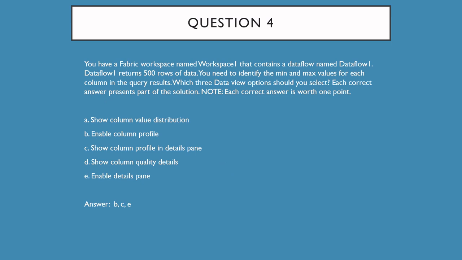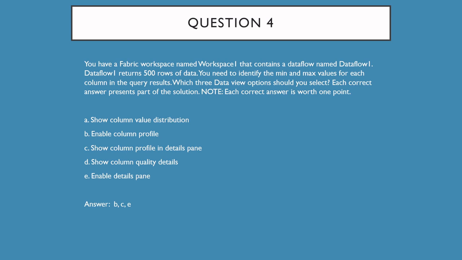Question 4. You have a Fabric workspace named Workspace 1 that contains a dataflow named Dataflow 1. Dataflow 1 returns 500 rows of data. You need to identify the min and max values for each column in the query results. Which three data view options would you select? Each correct answer presents part of the solution.